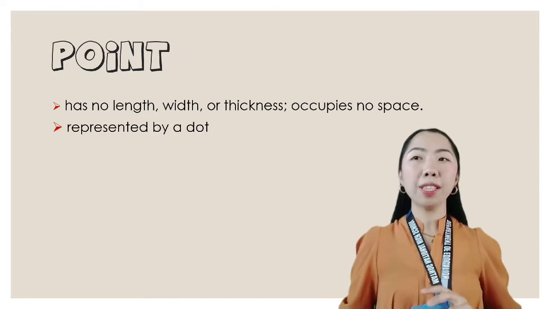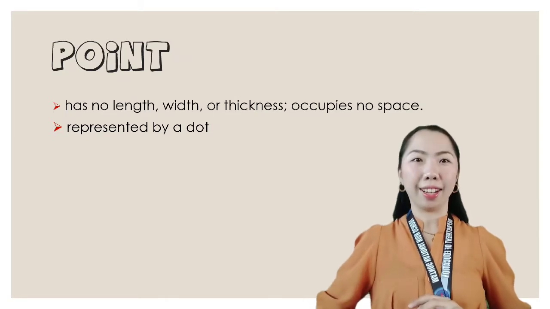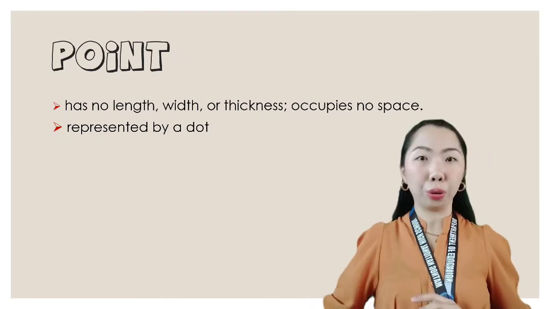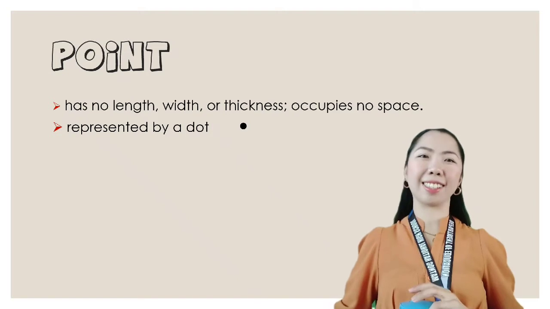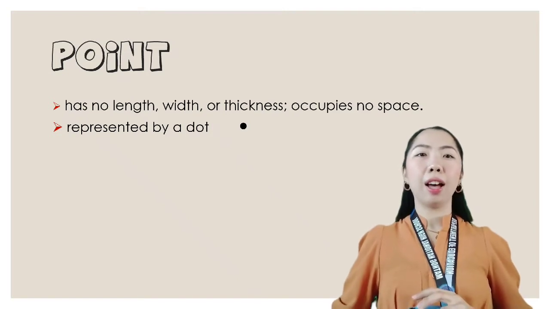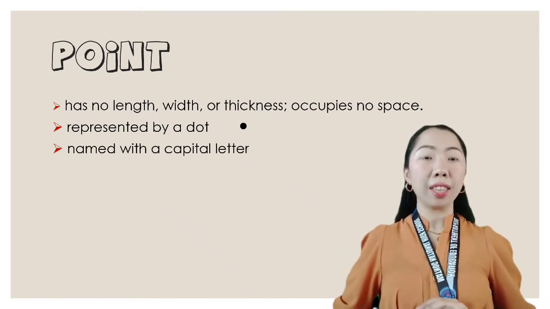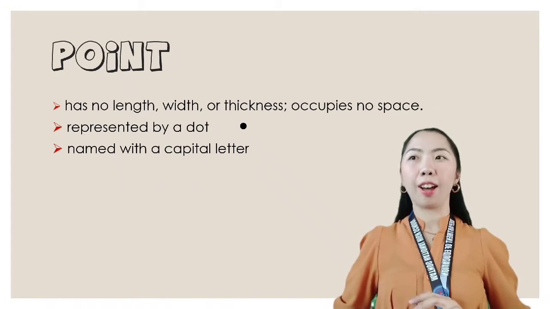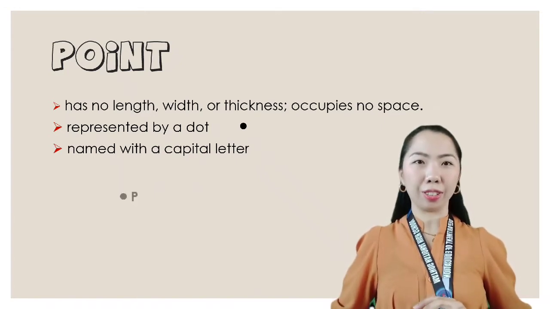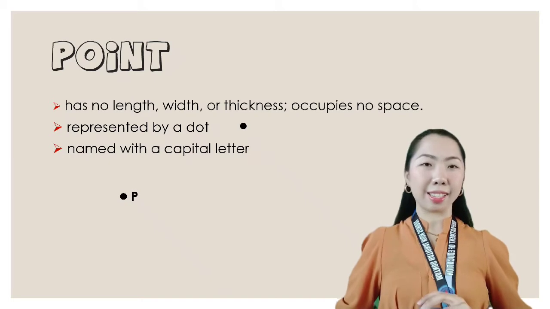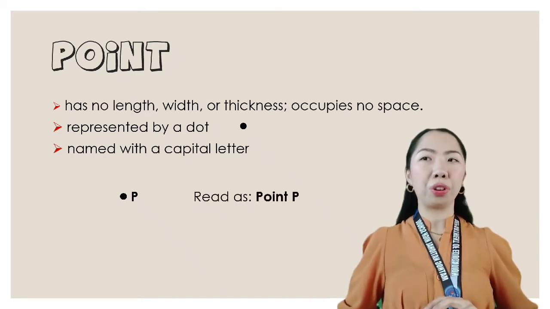So we represent point by a dot, just like what you did on your notebook. Just like this. And we name this point using a capital letter, just like this example. So we read this as point P.